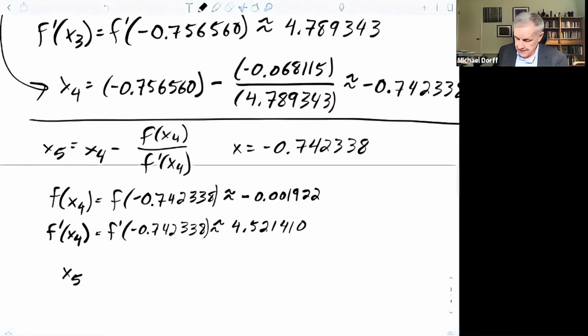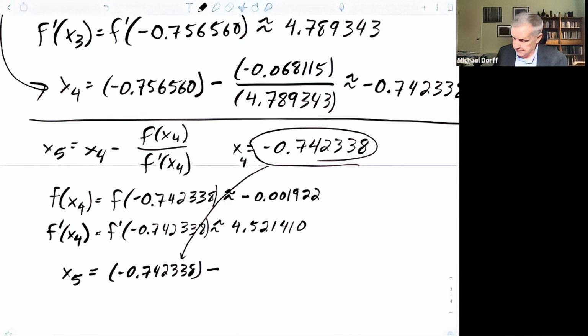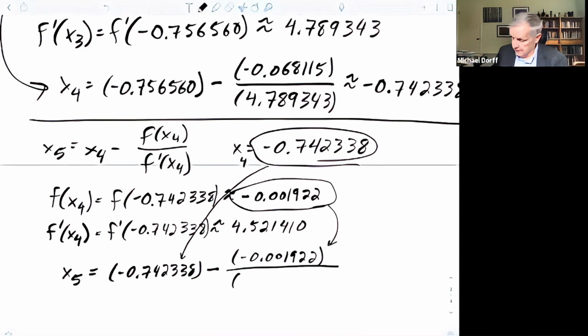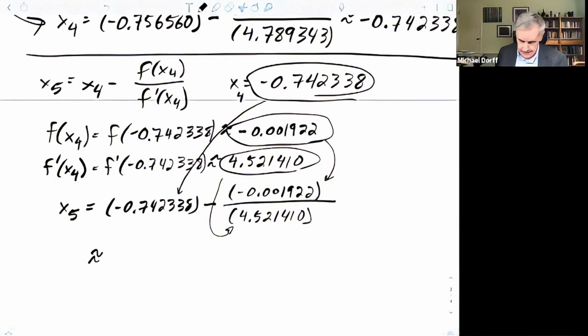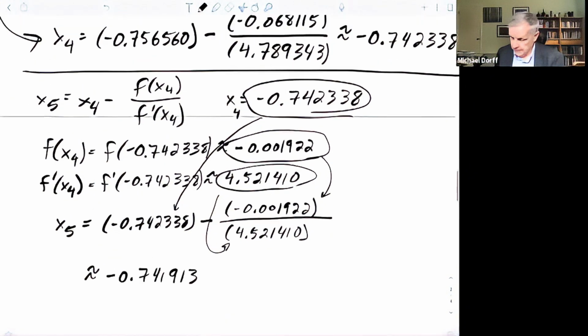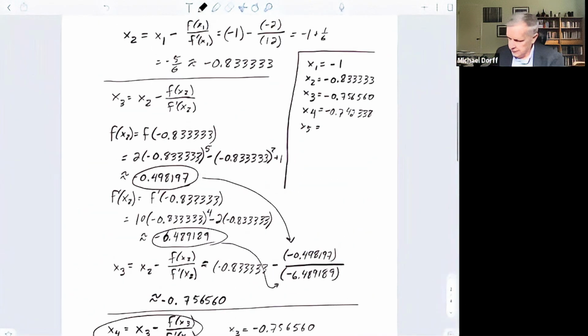So x sub 5 is going to be equal to negative 0.742338 coming from there minus negative 0.001922 coming from here over 4.521410 coming from here. And simplifying that with a calculator, I get negative 0.741913.